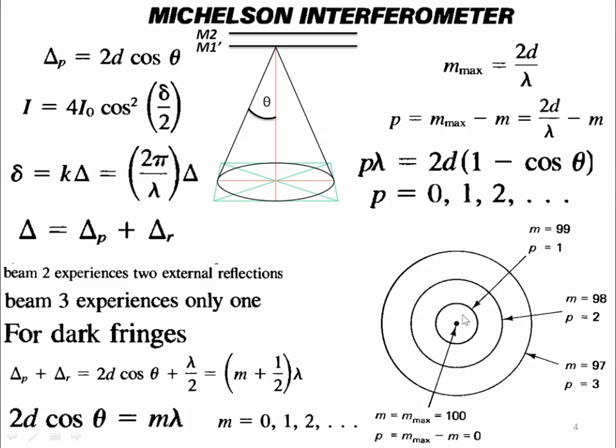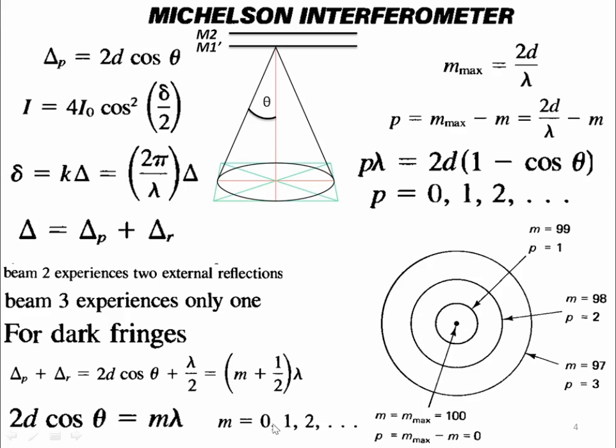Now if I go a little outward along the radius of these circles, then I will find some other value of theta according to this equation, where m will be, say, 99. So this m has integral values, right? So m is 100, maximum value, theta equal to 0.